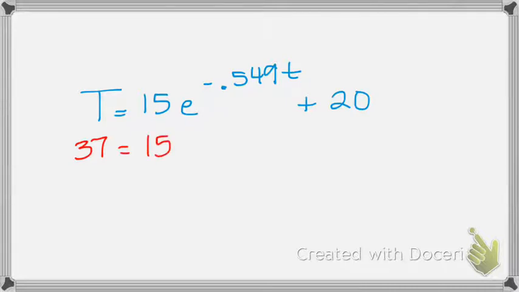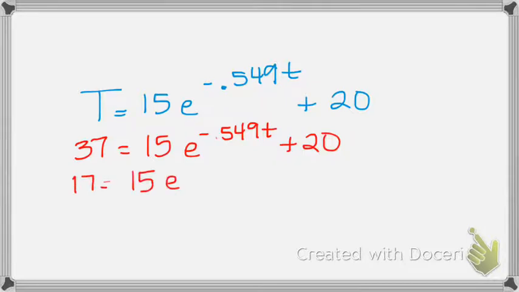So we have 37 equals 15e to the negative 0.549t plus 20. And now we're just going to solve for t. Subtract 20. Divide by 15.